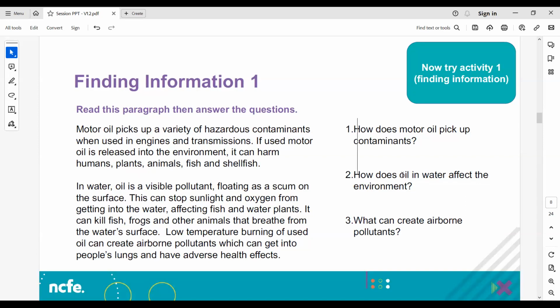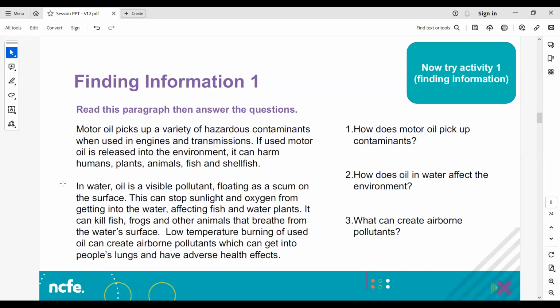How does oil affect the environment? So can anyone spot where the word oil is used? It's used more than once, so we're going to need to choose the most appropriate part of the text to answer that question.